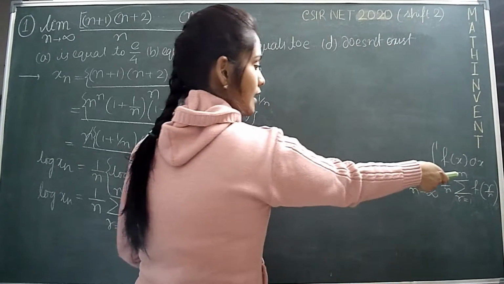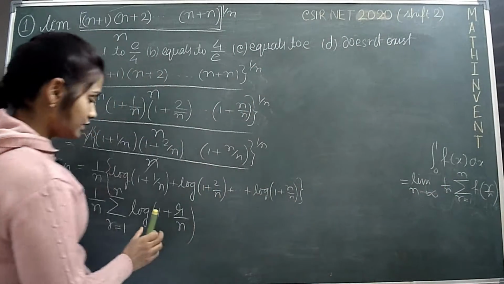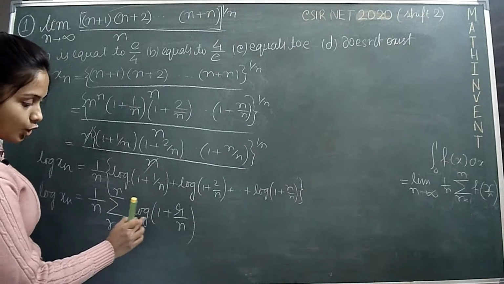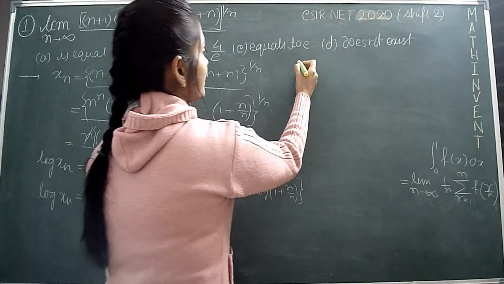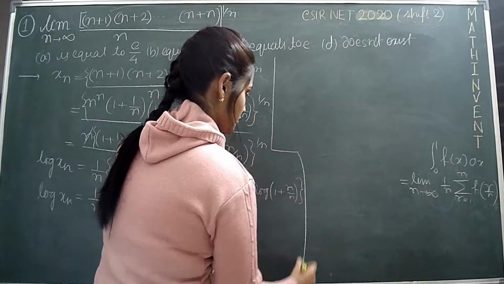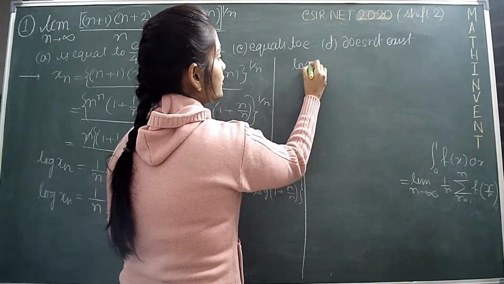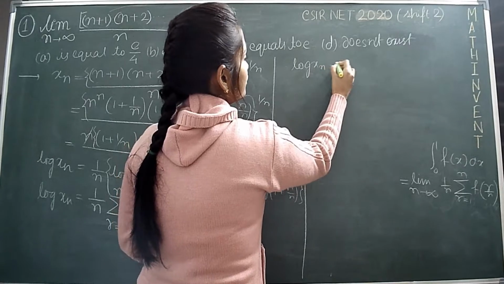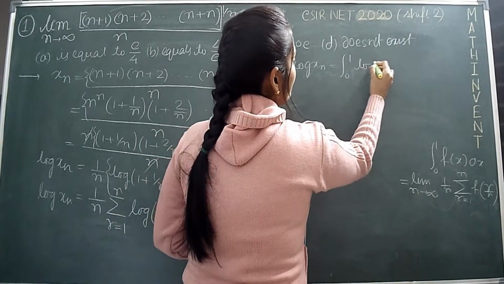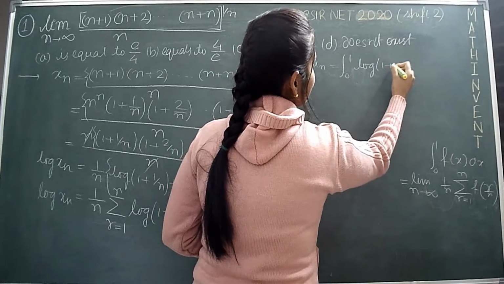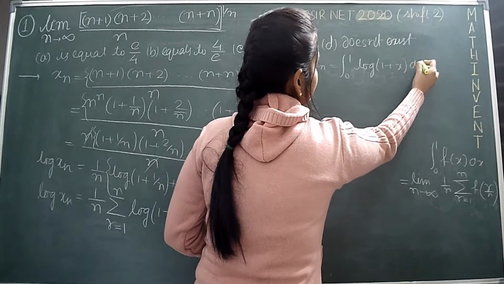Here we have f of r by n, so the function f(x) is log of 1 plus x. So the limit of log of xn will be equal to integration 0 to 1 of log of 1 plus x dx.